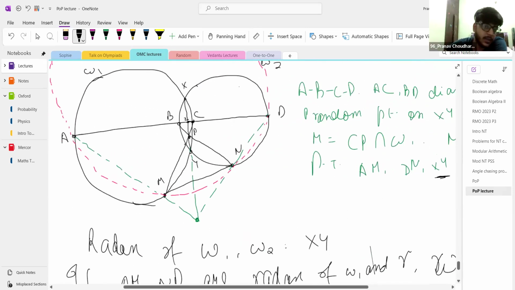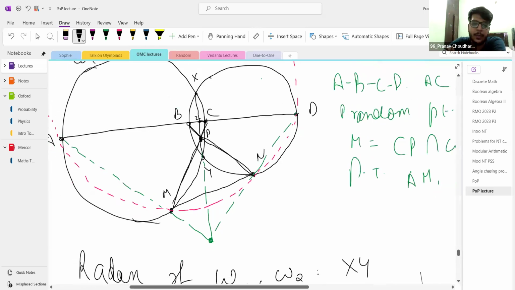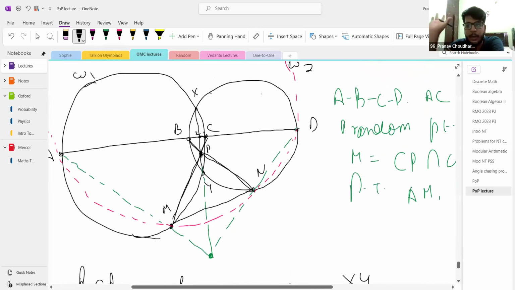See, first of all, you will see that these three lines, BN, CM, and XY are concurrent. This already motivates something like lines being concurrent at the radical center. This is a theorem in EGMO, but I did not want to state it explicitly because you should be able to come up with facts on your own.